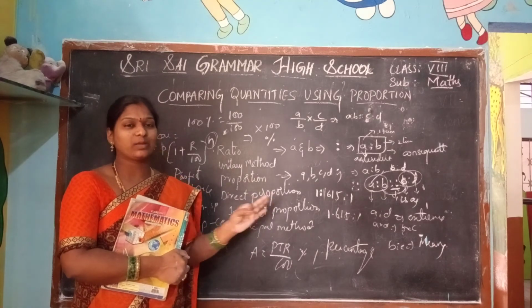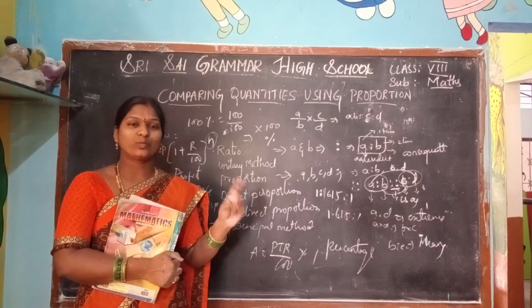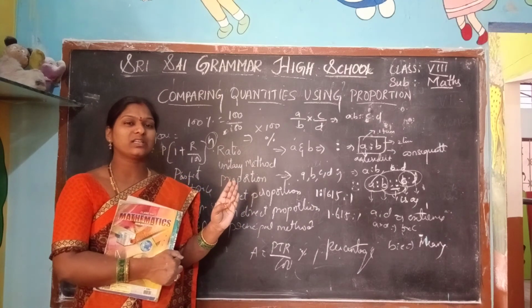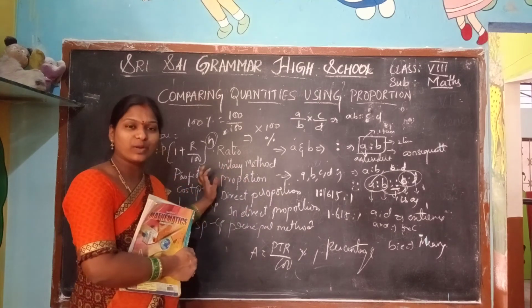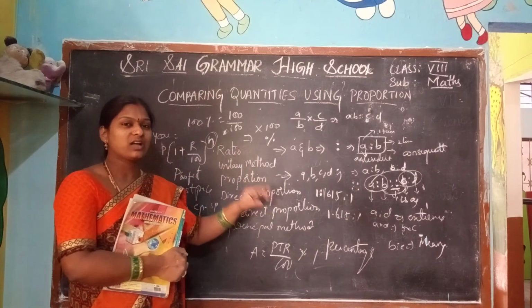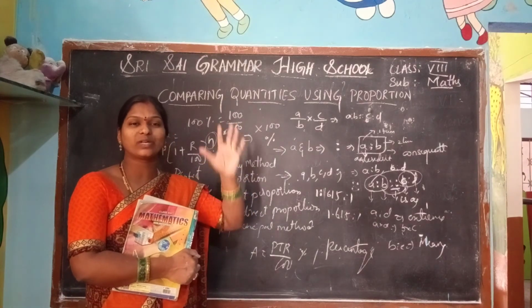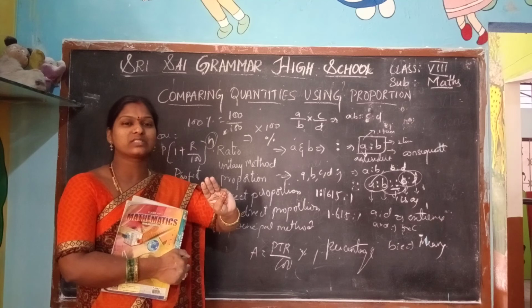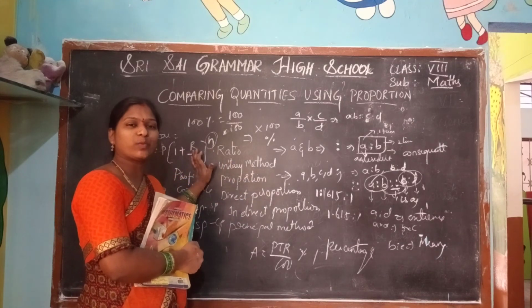Very important: 'is to' and 'is as' are also very important. 'Is to' is applied on the ratio and 'is as' is applied in the proportion. Don't be confused by that. Four dots can be seen in the vertical position. That is called 'is as'. We are going to apply it in the proportion.